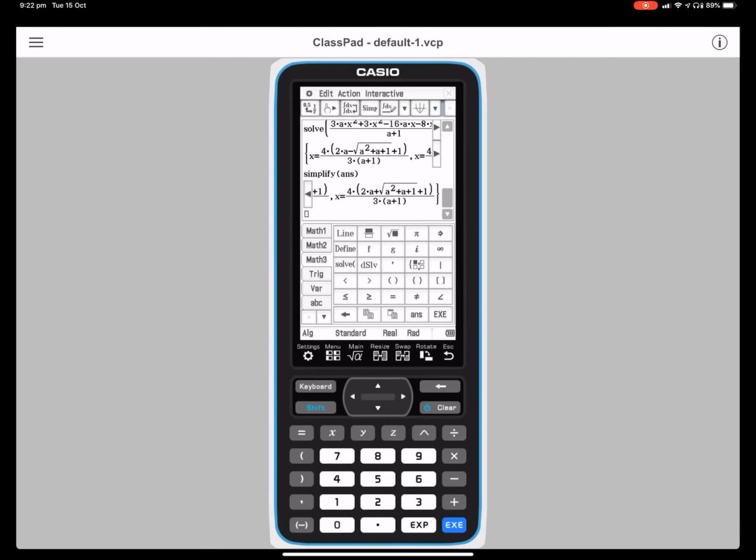So x has to be positive, but it could be either of these.